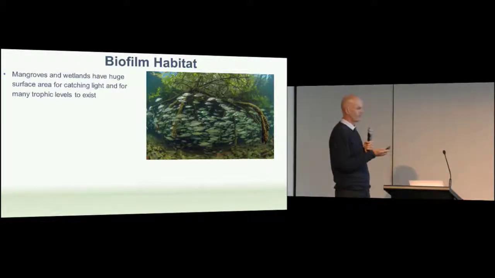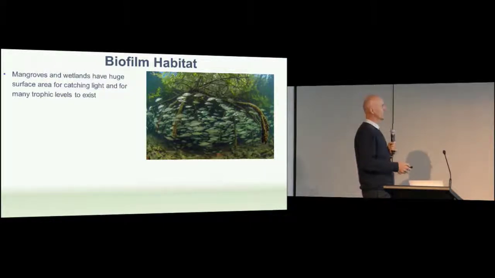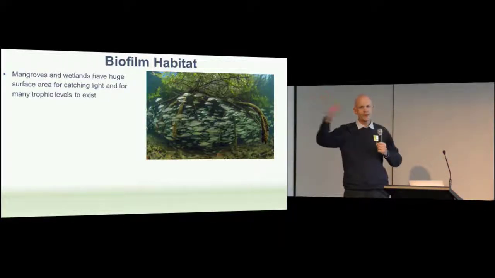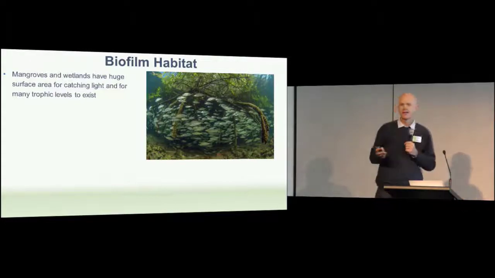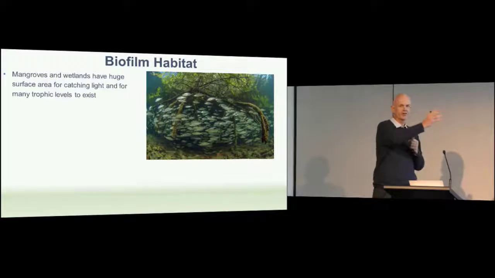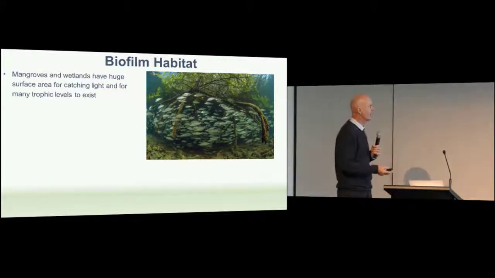And so also thinking about wetlands and mangroves, we know that they have large surface areas and they're also very good for creating habitats for the whole food chain, which, as I highlighted in that earlier picture, was that we want diatoms to grow, but then we want the grazing pressure of all of those animals to do that.